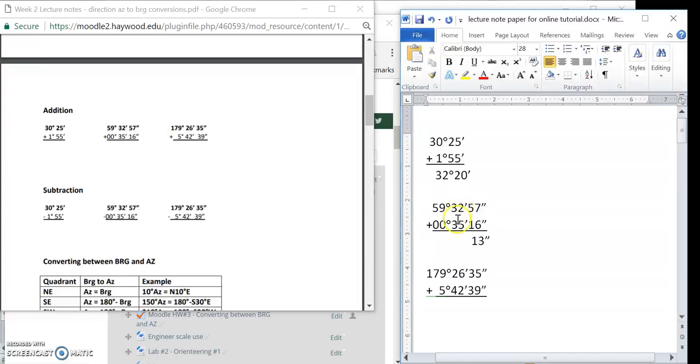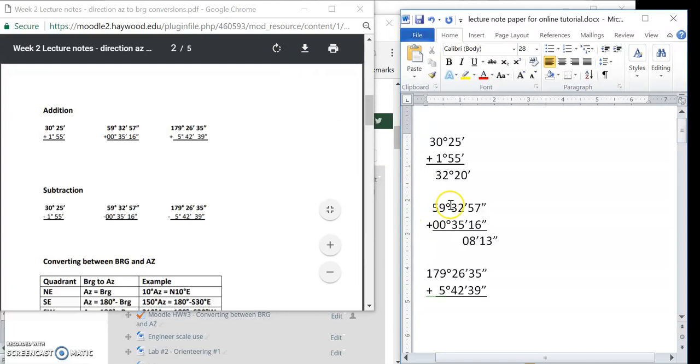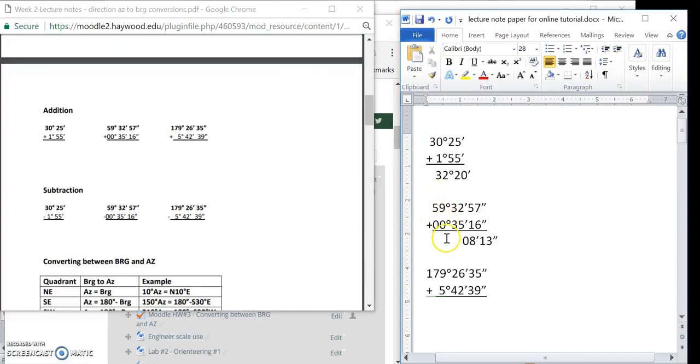So 2 plus 1 plus 5 is 8. And then 3 plus 3 is 6. I can't have 68 minutes, so 68 minus 60 is just going to be 8 minutes. And it carries the 1 over to the 59. Well, 9 plus 1 plus 0 is 10.